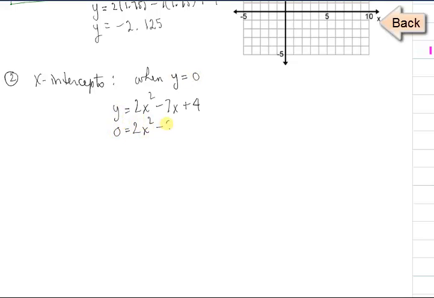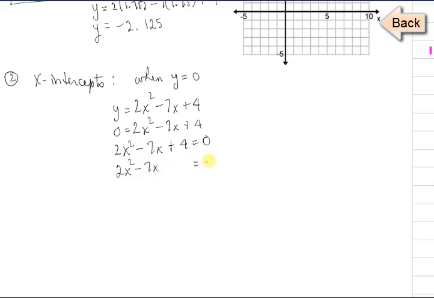That gives me the corresponding equation to my function. I notice that 0 is on the left, and I don't really want to work with it on the left, so I'm going to rewrite this so that my 0 is on the right. The second thing I notice is that my x squared has a 2 in front of it, and I really want it to have a 1 in front of it. Actually, before I do that, why don't I just isolate my constant first?